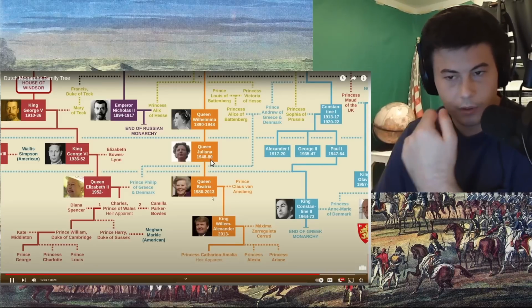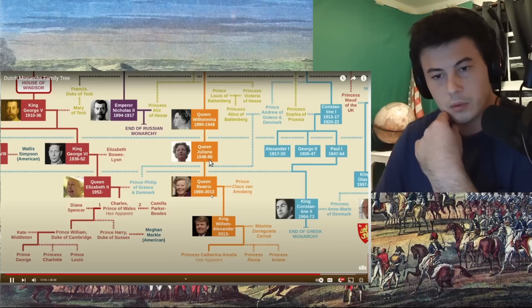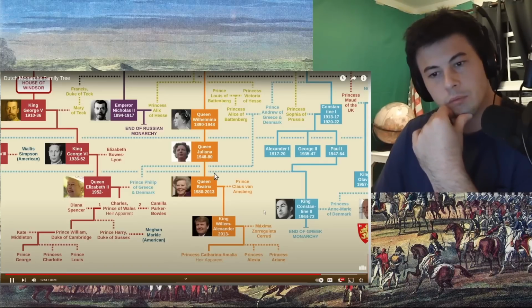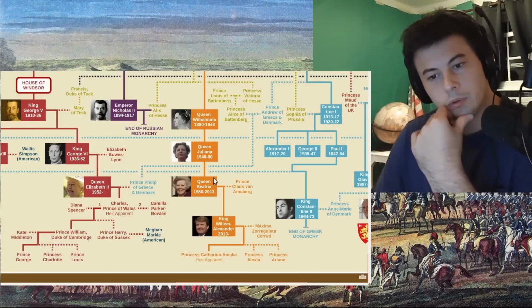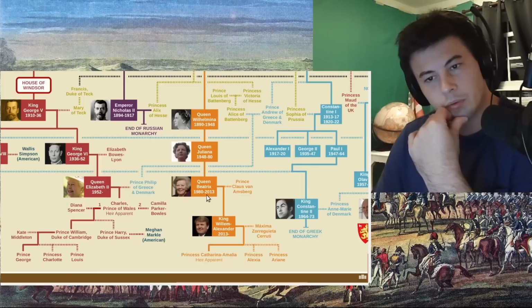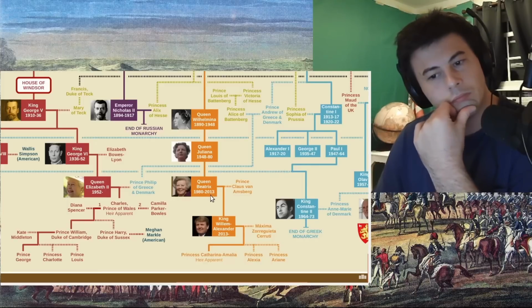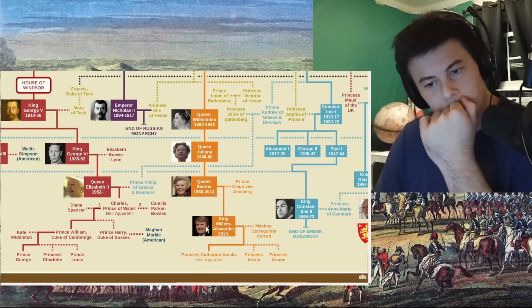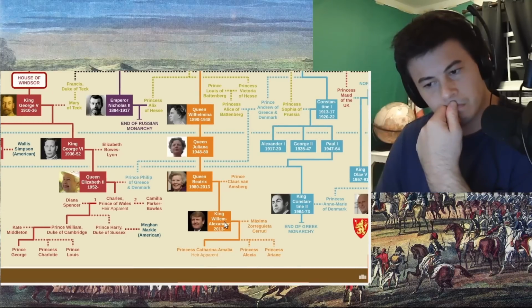And therefore, when she abdicated in 1980, her eldest daughter became Queen Beatrix. Beatrix herself eventually abdicated in 2013, and that's when the current king, Willem Alexander, started his reign.